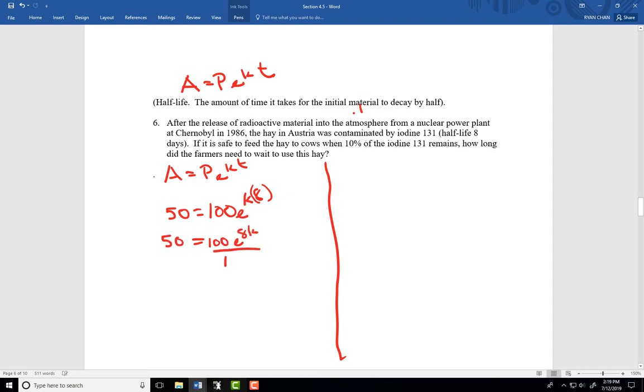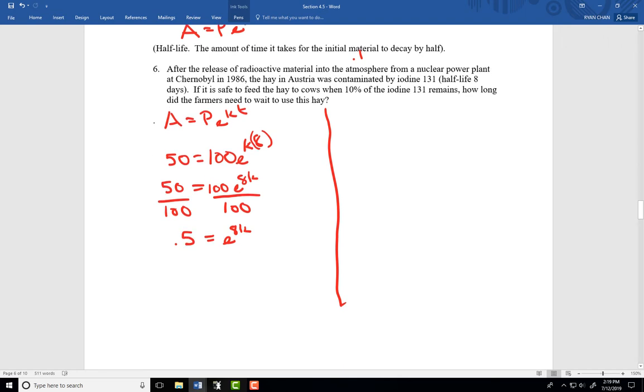And I'll divide both sides by 100. Always get rid of the number before you take the natural log. We take the natural log because we want to get rid of this e. Now we'll divide both sides by 8.